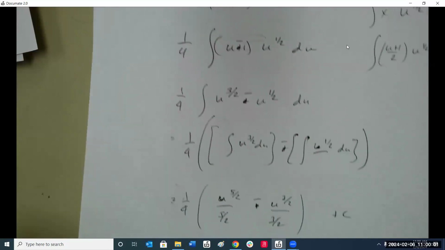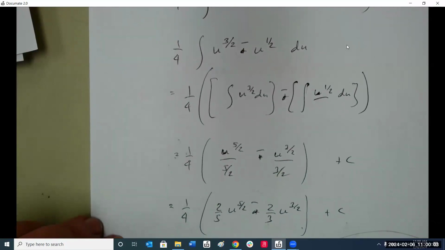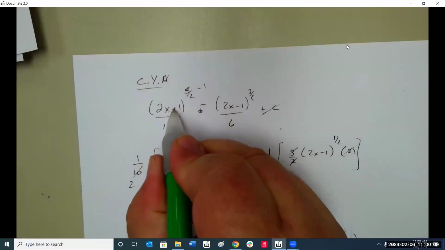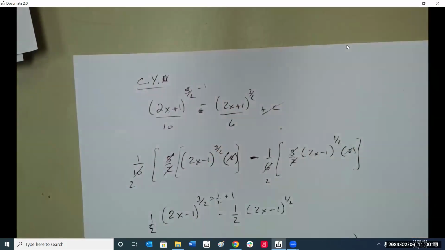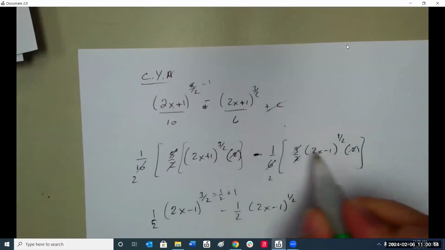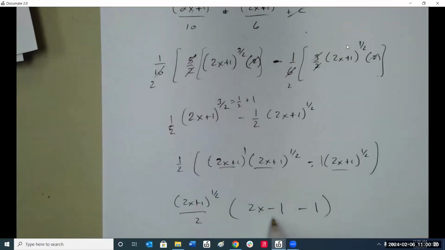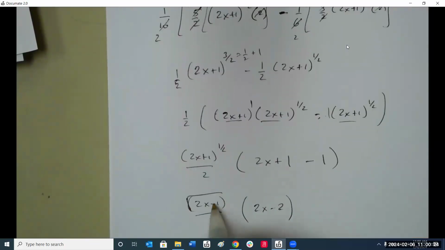When I substitute it back, I got 2x plus 1. So it should be 2x plus 1 plus 1. And there it is. That's where they cancel.